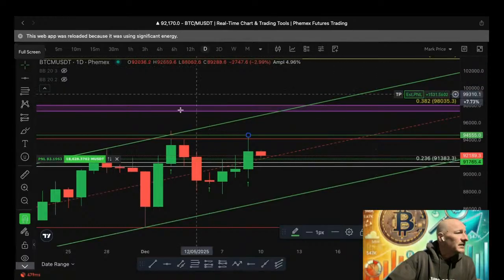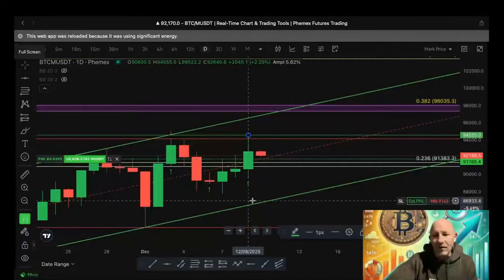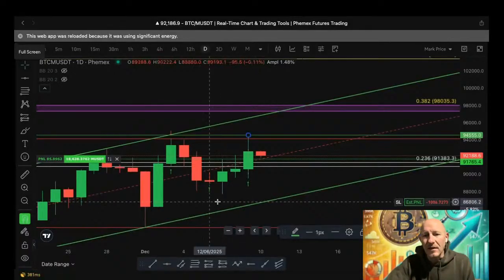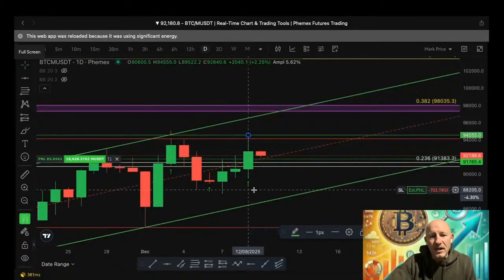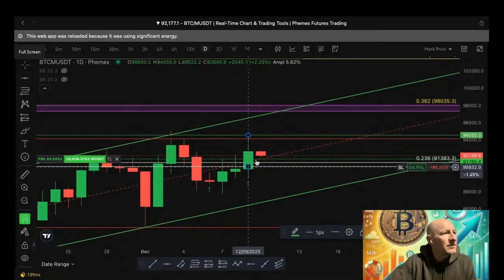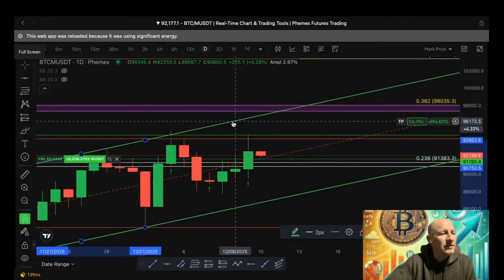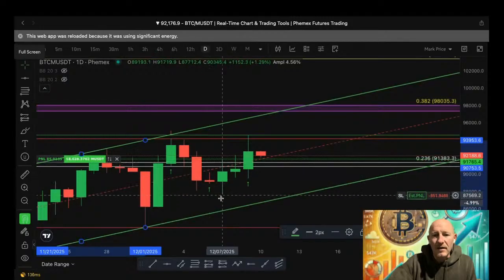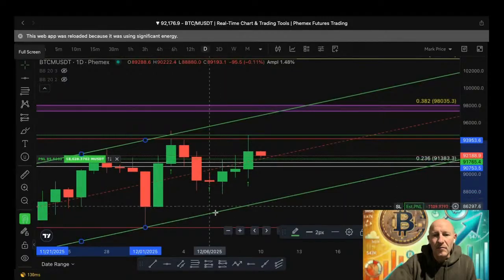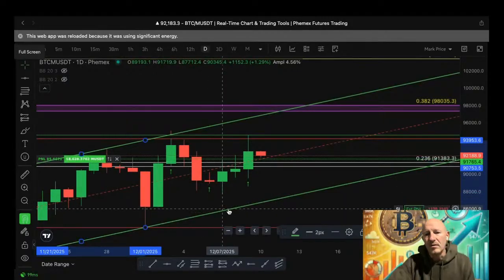Where do you go? Settings. I don't know. Maybe I'll show that in another video. But yeah, you can change the color of these candles. You can change the color of the parallel channel. If you've been watching my videos, you know on my other chart my parallel channel is blue.